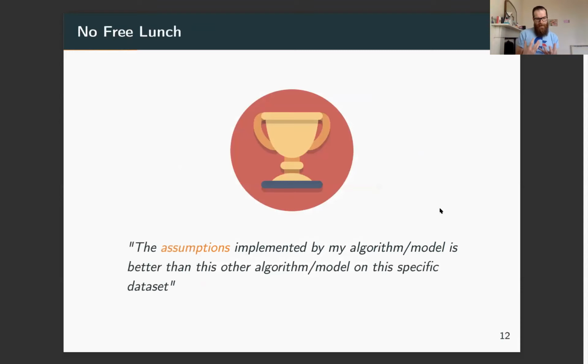What this also means is that if you have an algorithm or a model that performs really well on something, the only thing you can say is not that this algorithm is better than anything else, but that the assumptions implemented by my algorithm are better on this specific data set than something else. If something solves a problem, it makes implicit assumptions, and those are the ones that we should reason about.